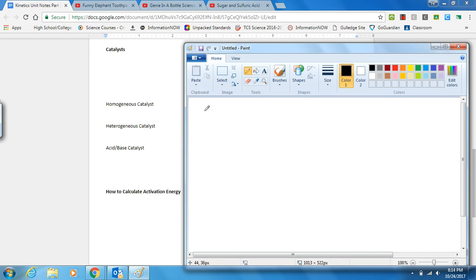Sometimes a catalyst can be included in your rate laws, and I'm going to talk about that disclaimer in just a second. But otherwise, we cross out our catalysts. They're not included in our rate laws. The definition of a catalyst is that it lowers activation energy by providing an alternate pathway.